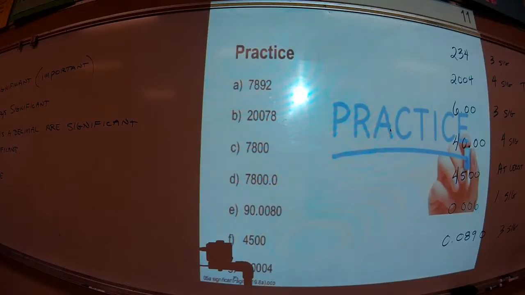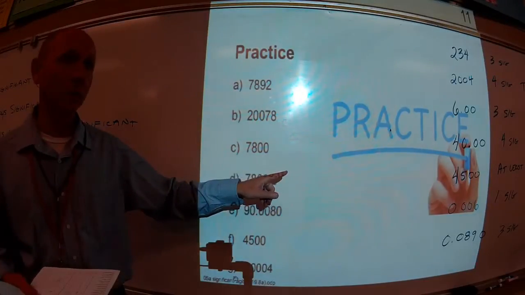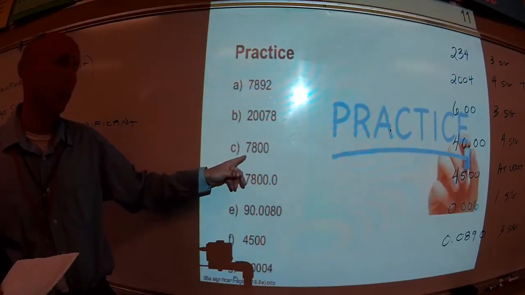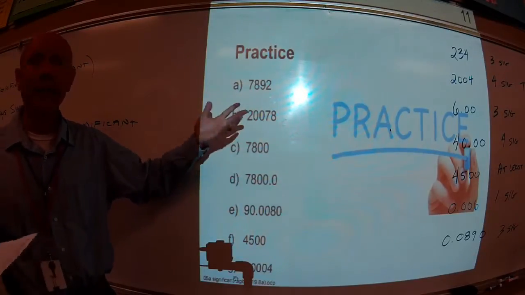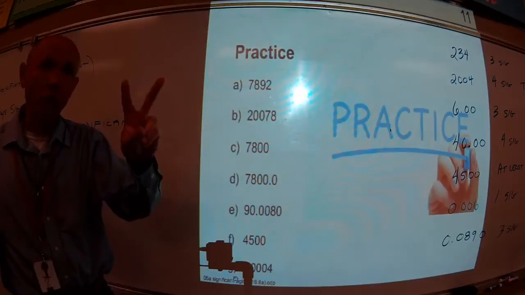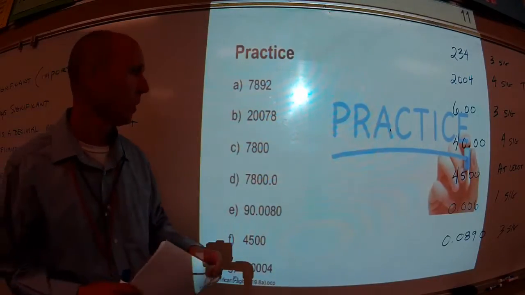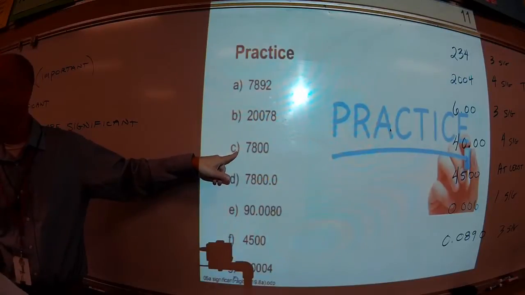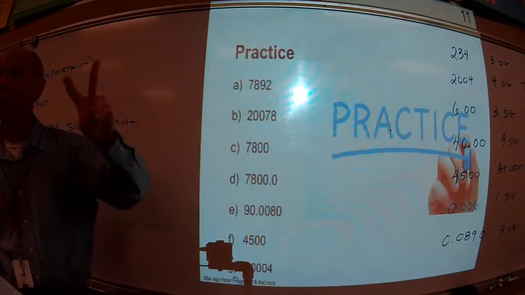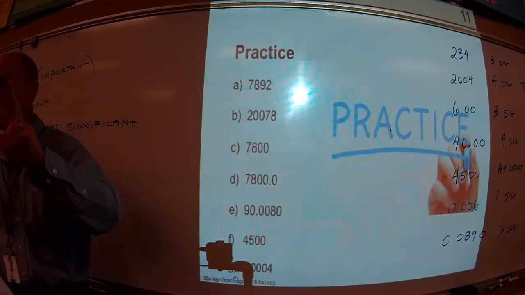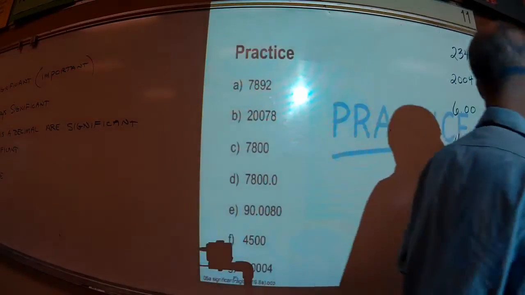I don't know if this measuring device could go down to 7801. Maybe it's only good to 7810. I don't know. 2 minimum, but it's ambiguous. Questions on the ambiguous? We know it's at least 2, or 2 ambiguous.